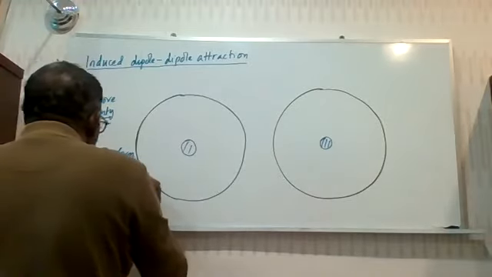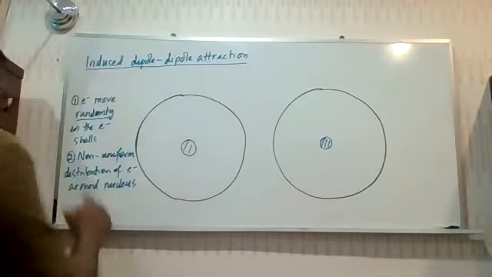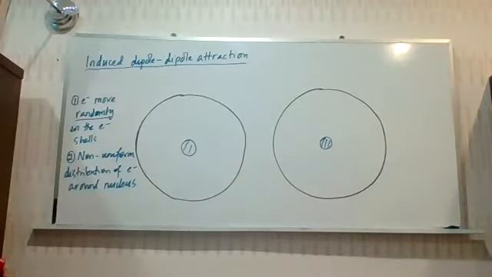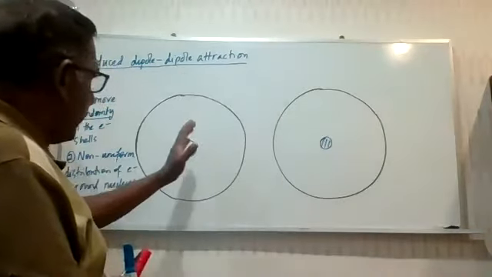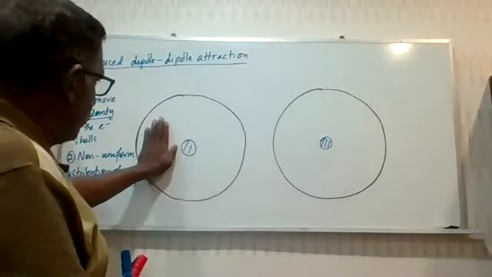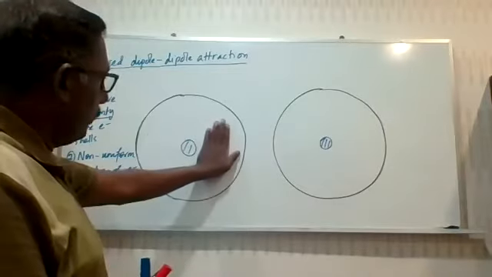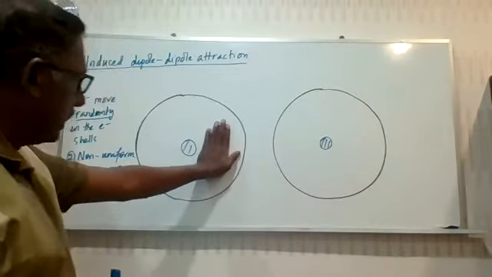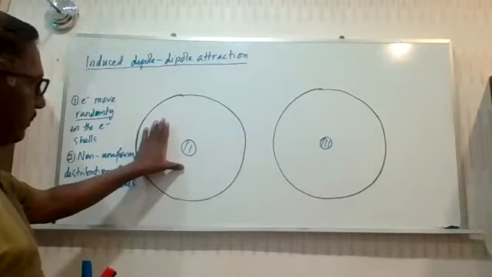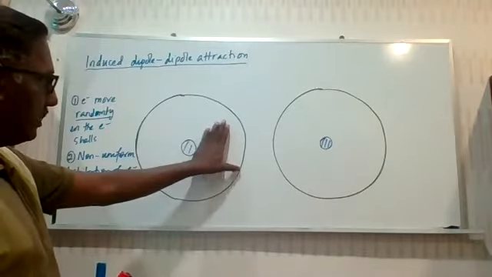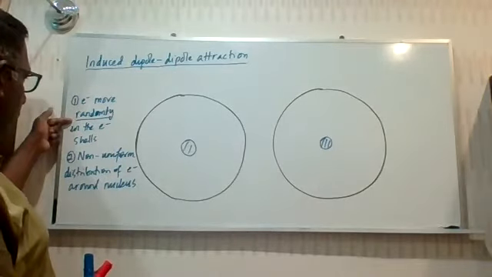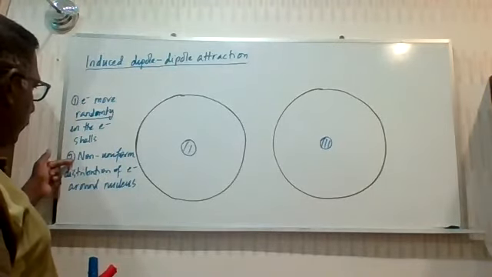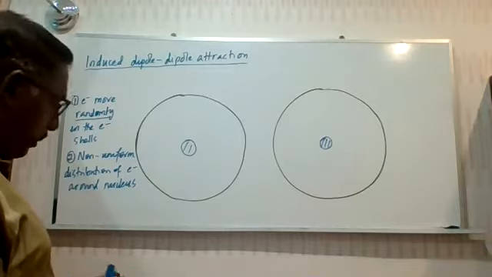All right. A typical example of non-uniform distribution of electrons around the nucleus is within this atom, at a certain point of time, you'll have too many electrons on this side and too few electrons on this side, due to the electrons moving randomly, and as a result, non-uniform distribution of electrons around the nucleus.